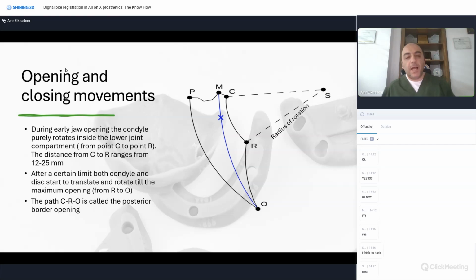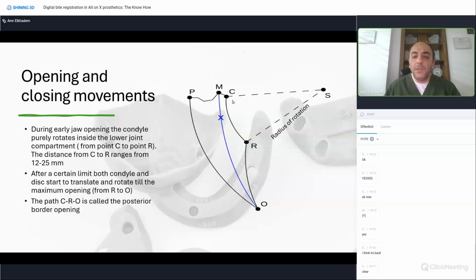I want to talk a little bit about this because there are two things we need to address: what we call the centric relation and the centric occluding relation. We knew from the last slide that this point, which is the zero point, the starting point, is called the centric. During this centric, the condyle is stable in the lower compartment of the temporomandibular joint, and it can slightly rotate inside the lower compartment without being translated.